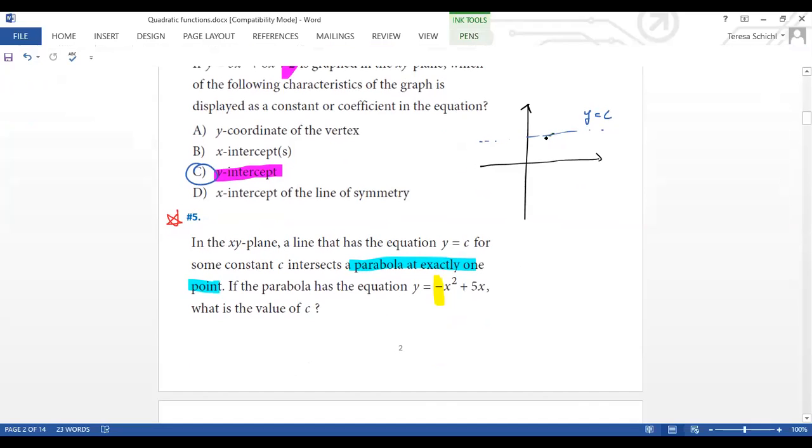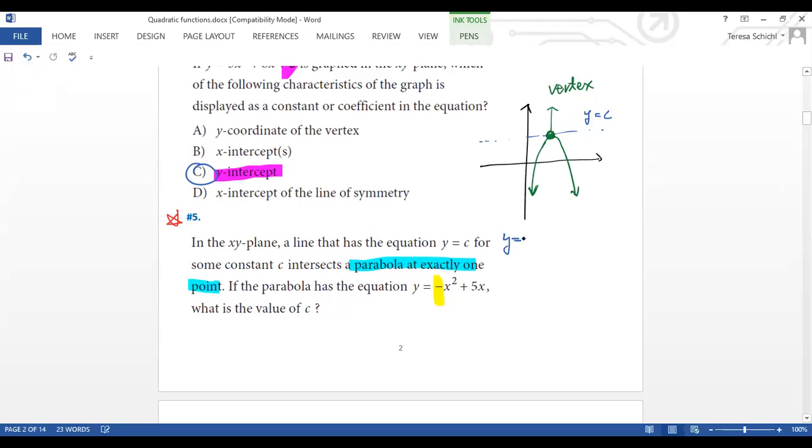That means my parabola has to go like this, and the point where they intersect has to be the vertex. For any other point, you're going to intersect this line at 2 points, correct?